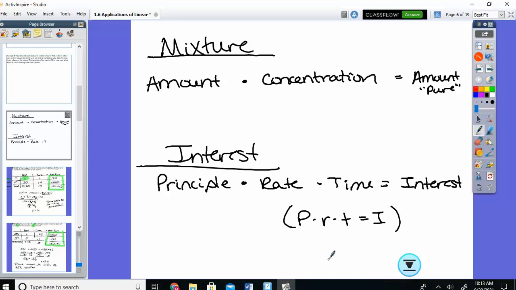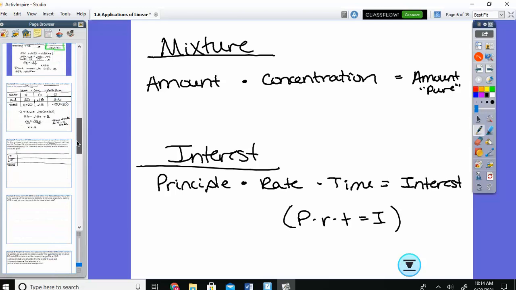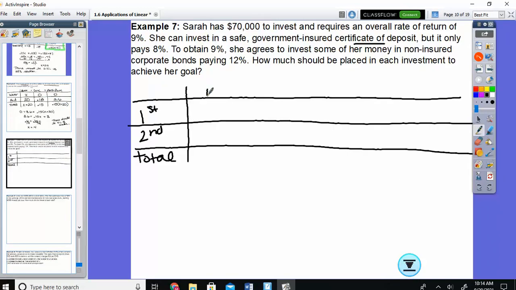You have used that one before, but it's probably been a little while. So we are going to put our interest formula across the top here. Principal times rate times time equals interest.